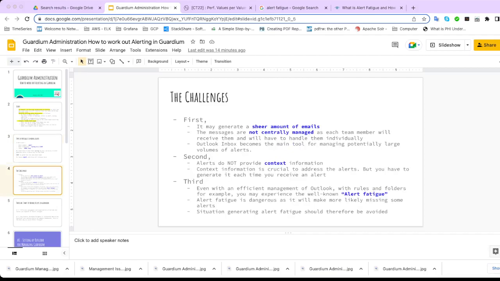Okay, so here we need to discuss the challenges, because there are challenges. First challenge: it may generate a sheer amount of email. Let's say you've got 400 collectors, with 3 or 4 alerts set up on those collectors, and at least 1 or 2 alerts sent every day by each collector.